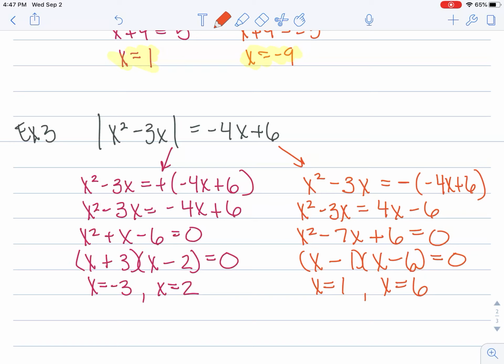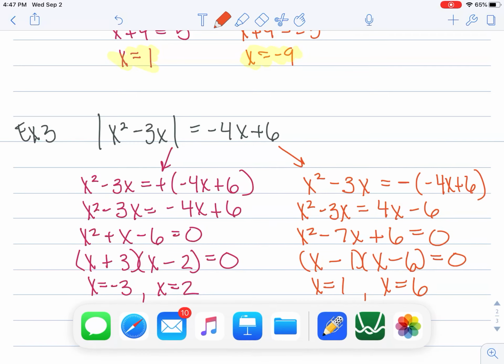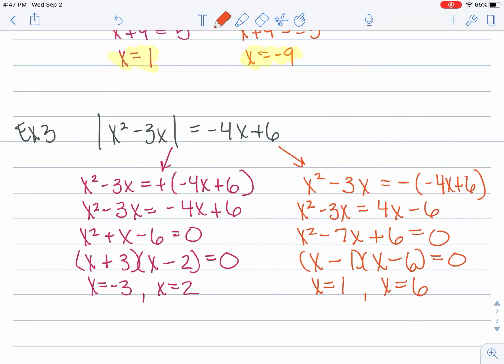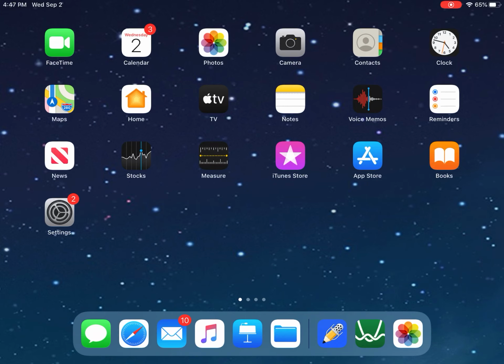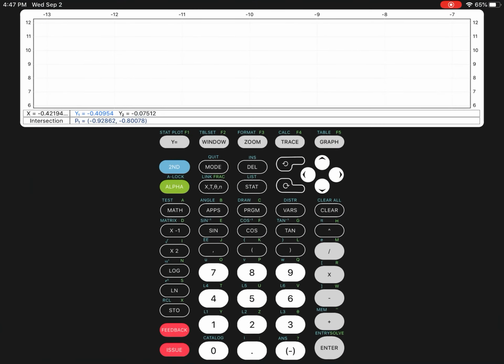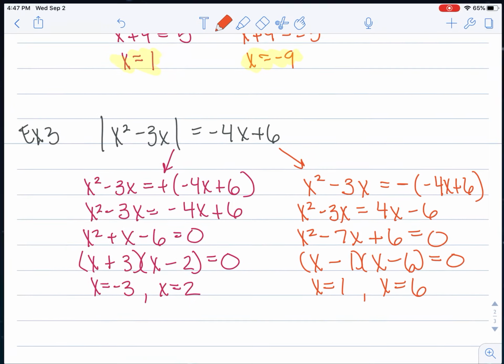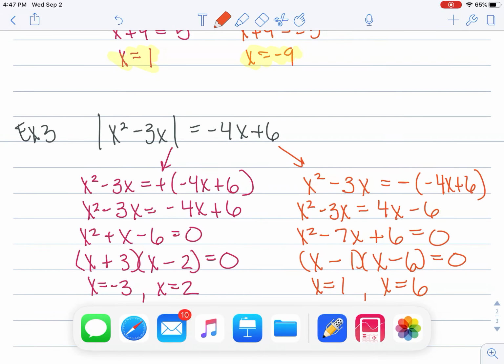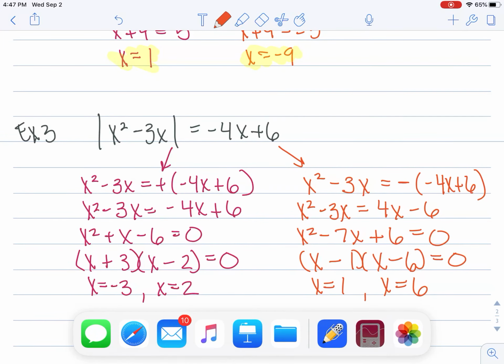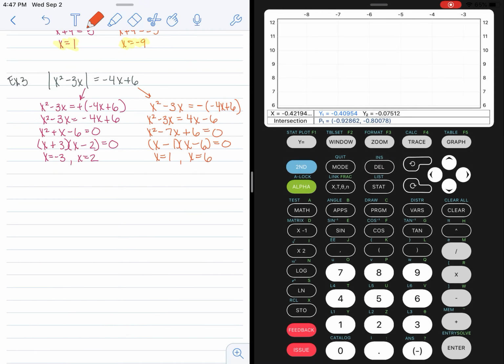I am going to check, are any of these extraneous? So if I pull up the calculator, and let's now do it like this. There we go.